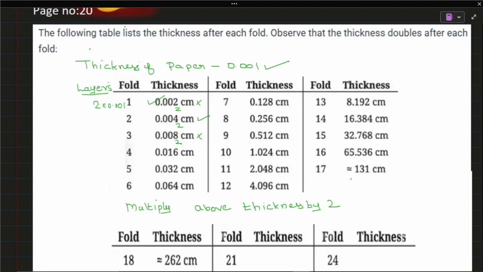Here, up to 17 the thickness is given as 131. If you want the 18th fold thickness, what you have to do is multiply this number by 2. That is, the 18th fold thickness will be 262 centimeters. In the same way you can find the remaining thickness also.